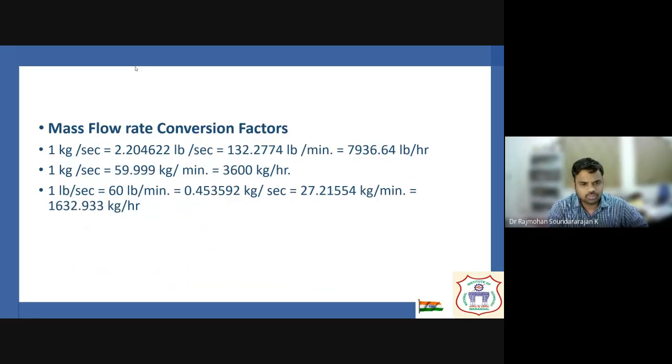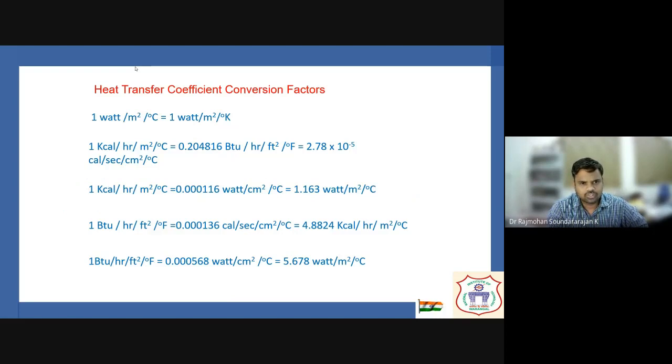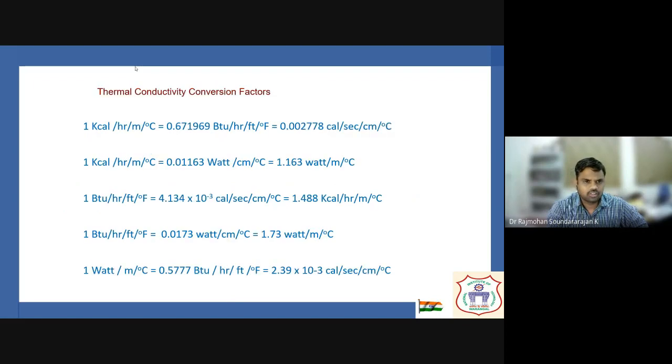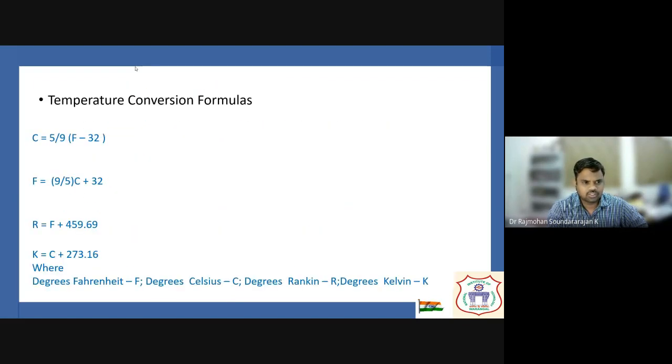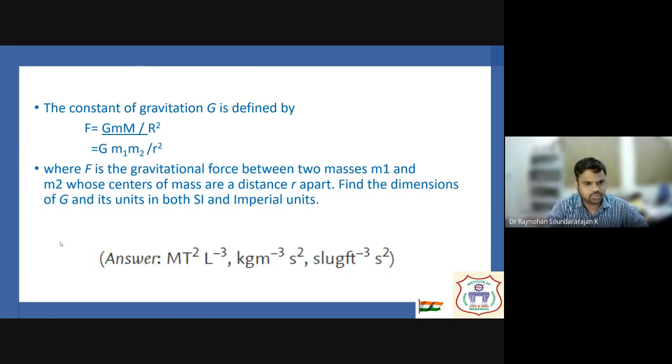Mass flow rate in kg per second, how it can be converted to other units. Heat transfer coefficients, how we can convert them, thermal conductivity conversion factors, temperature conversion factors. All these things you have to go through, practice them, and try to remember them as much as possible.